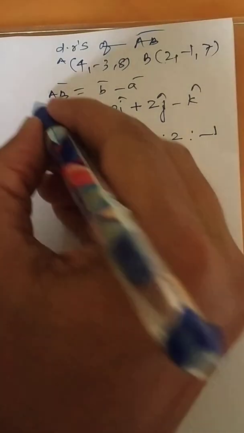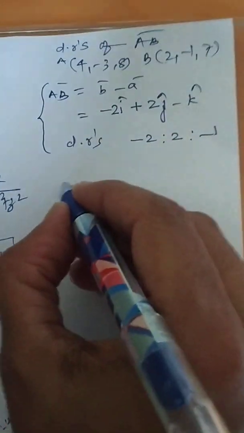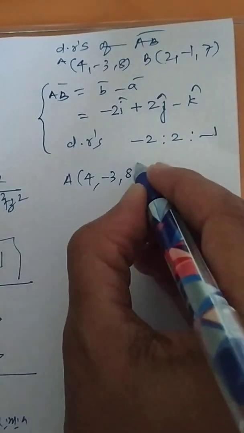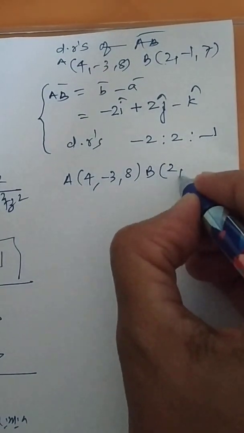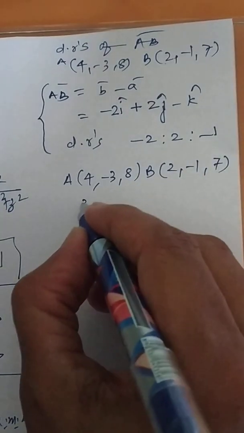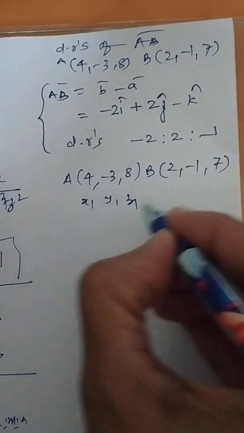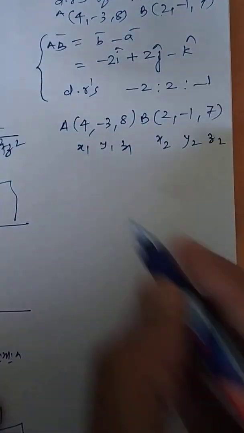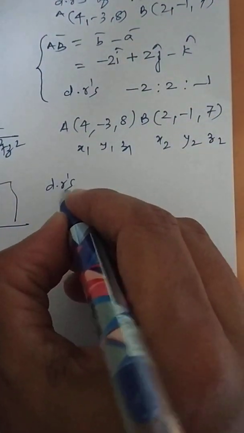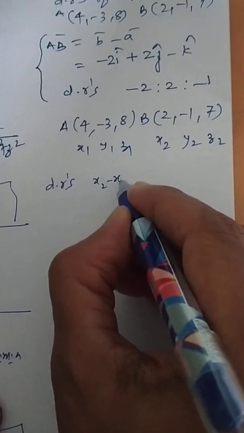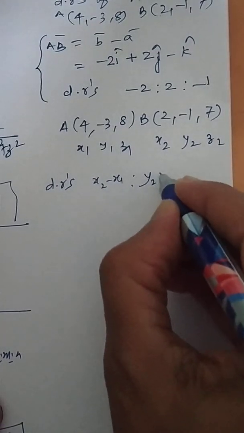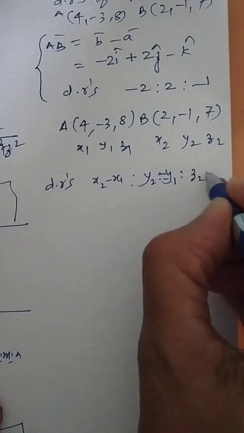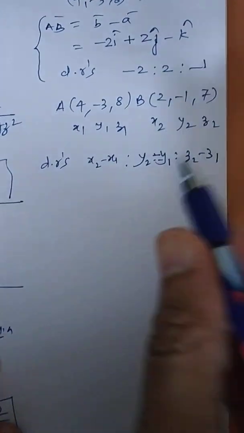Okay, this is a vectorial form of getting. Now A is known to you, it will be 4, -3, 8. B is known to you, say 2, -1, 7. I just called it x1, y1, z1. It is x2, y2, z2. If the 2 points are known to you, can I say x2 minus x1 is to y2 minus y1 is to z2 minus z1 will also give you the direction ratios.